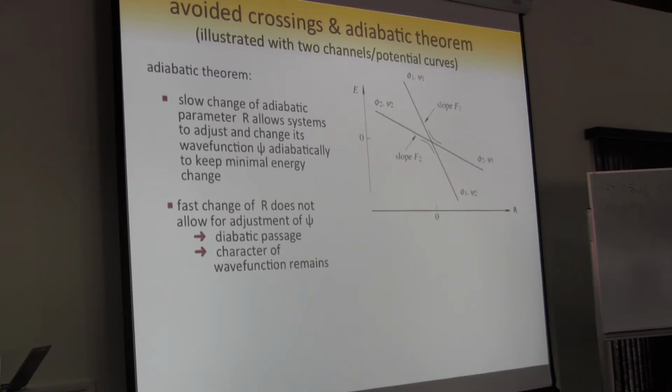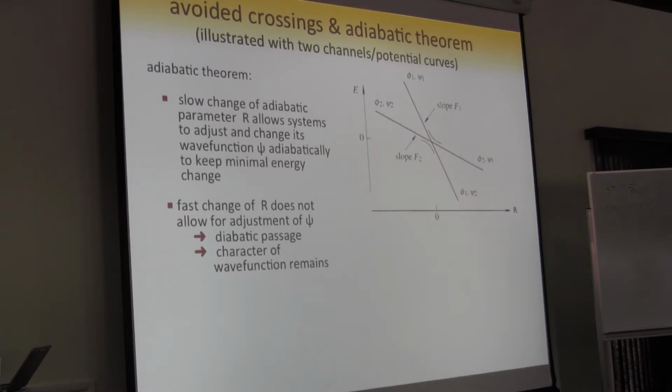And this is what I just told you. So you go from this channel, phi1, with your adiabatic wave function psi1, into the other one, phi2, with one adiabatic wave function. And you see the energy change is smaller going along this adiabat as compared to the diabat, where the energy change is much larger.